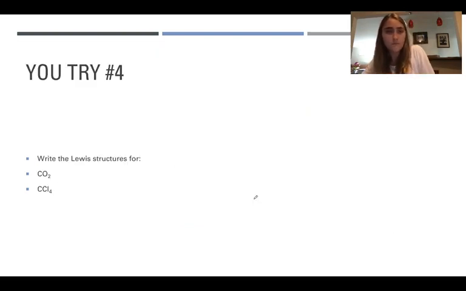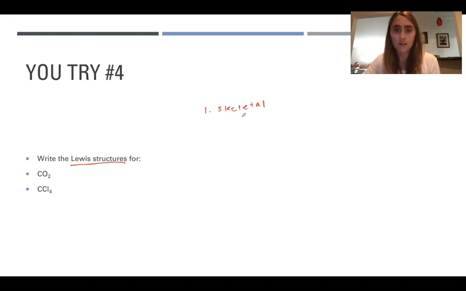Okay, so we're on our first Try It. You're going to draw the Lewis structures for CO2 and CCl4. It'll be helpful to use those steps. So remember, the first thing you're going to do is draw the skeletal structure for each of these. Then you're going to total your valence electrons.